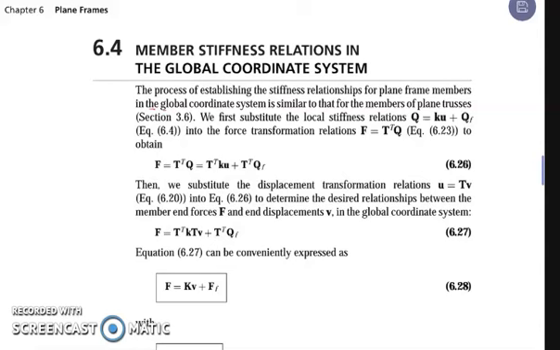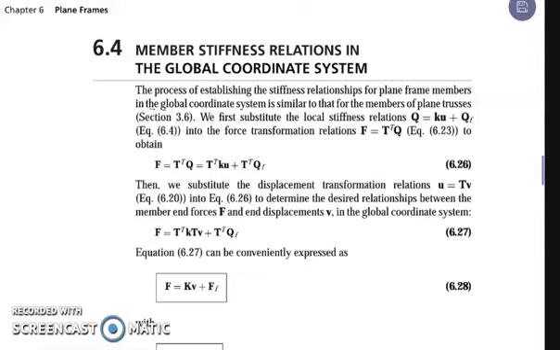For the member stiffness relations in the global coordinate system, we are trying to establish the relationship of our stiffness coefficient, our global member end forces, and our member fixed end forces.